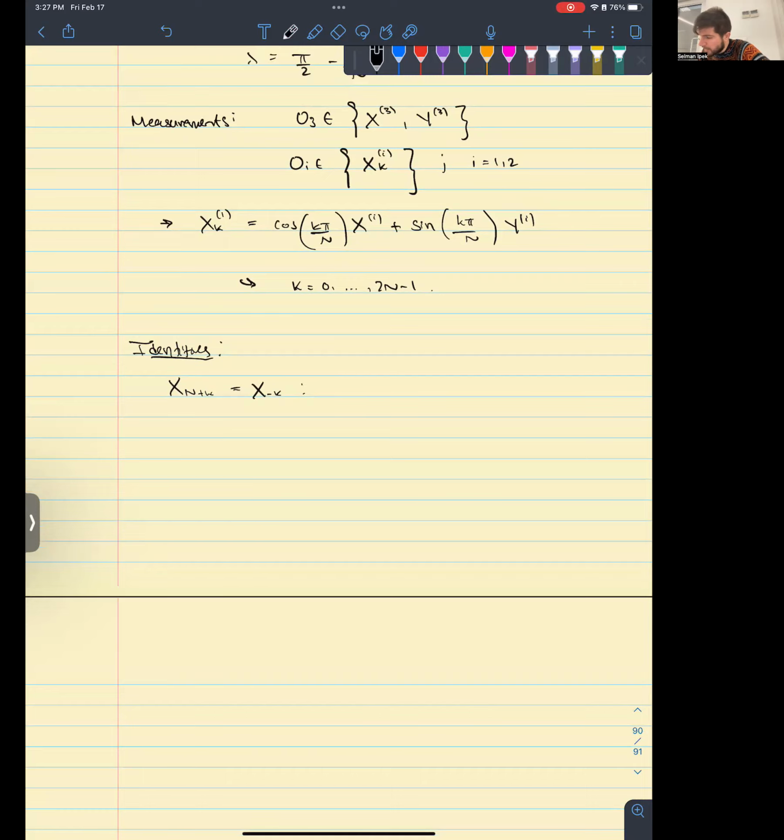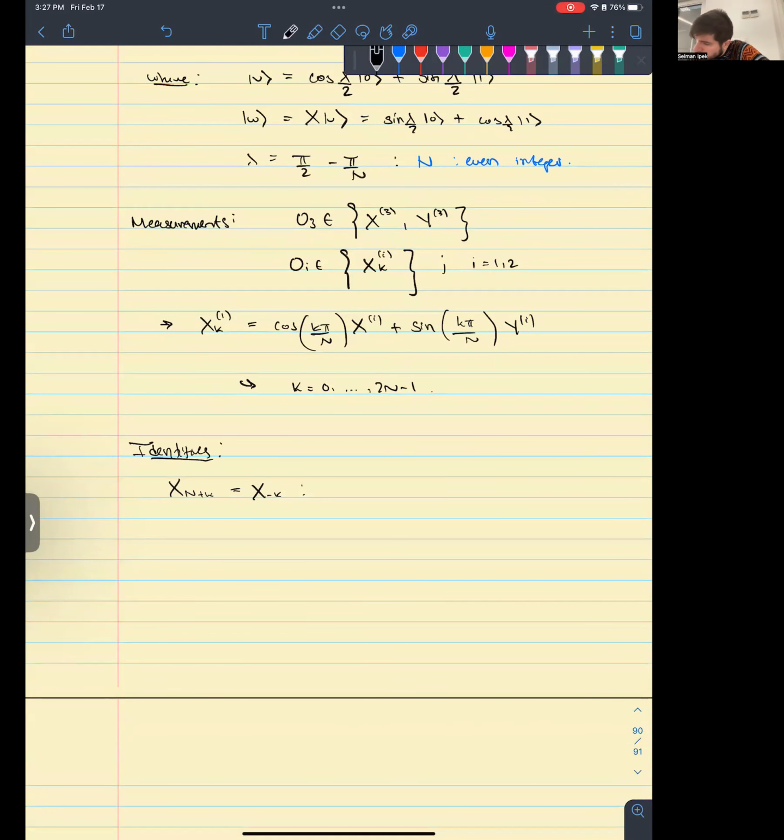When you have n plus k, you plug that into the definition, use the cosine and sine trig functions, and you can show that this is equal to X_{-k}. Another identity that will prove to be useful is that X_{2n-k} is also equal to X_{-k}.